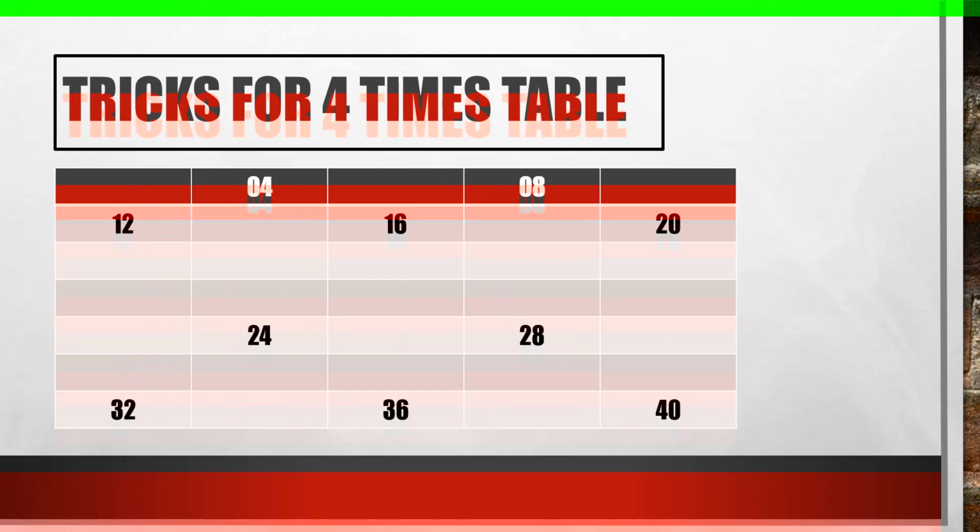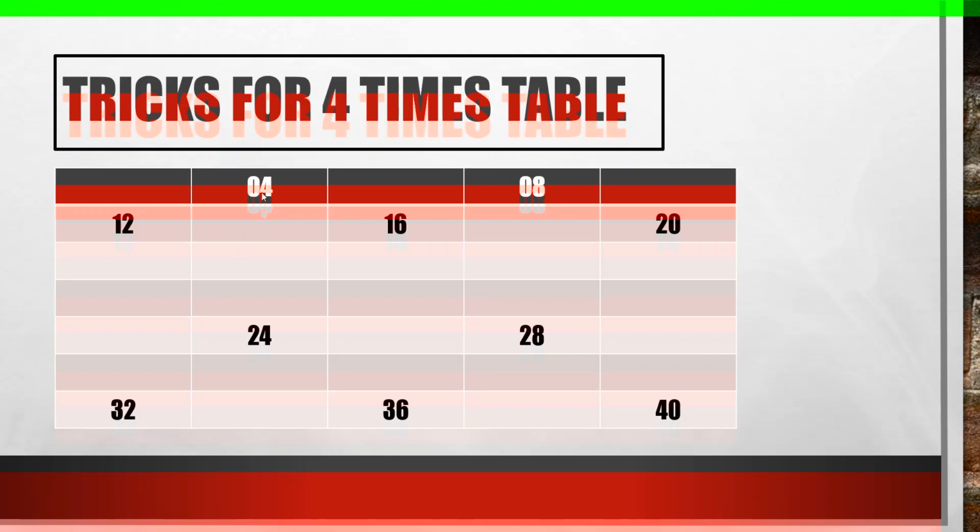Here are the tricks for the 4 times table. This is the difficult table, but you can learn a very easy trick. In the first row, you have to write down 4, and here write down 8.